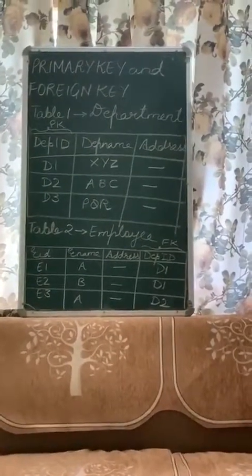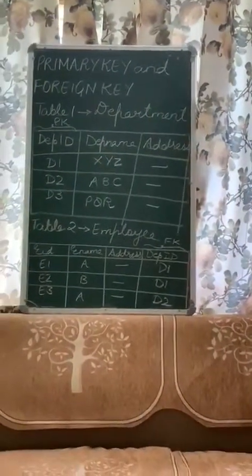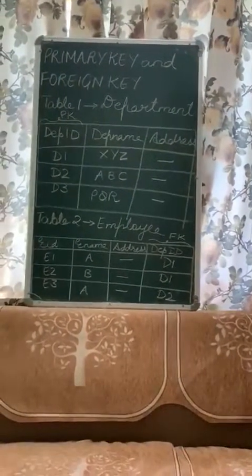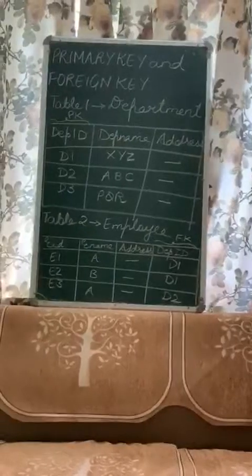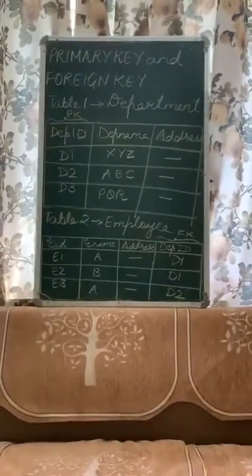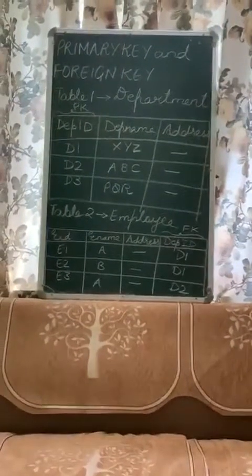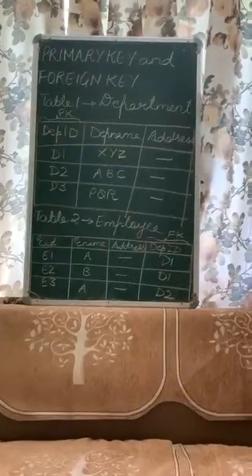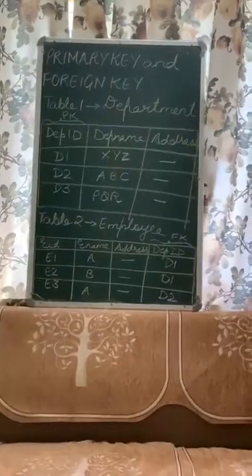And if we take another table, marks, in which we have the marks of the student, then the percentage of marks, and the third field is again your roll number. So this roll number in the marks table will be acting as a foreign key because it was a primary key in the student table.